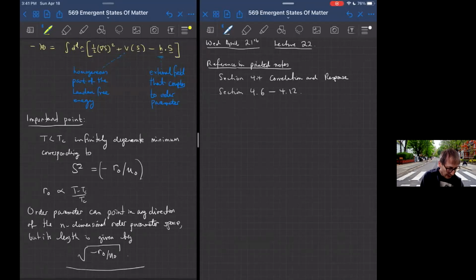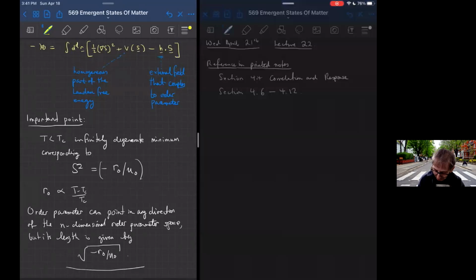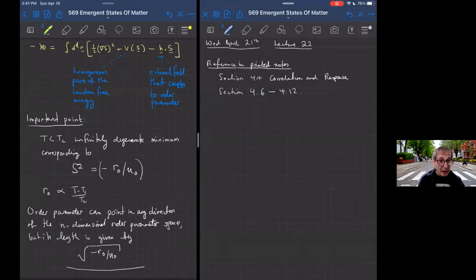start this by writing down the Landau free energy. So this is section 4.4. I'll call this correlation and response.